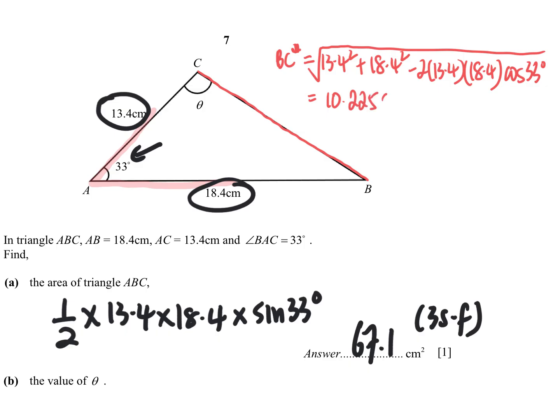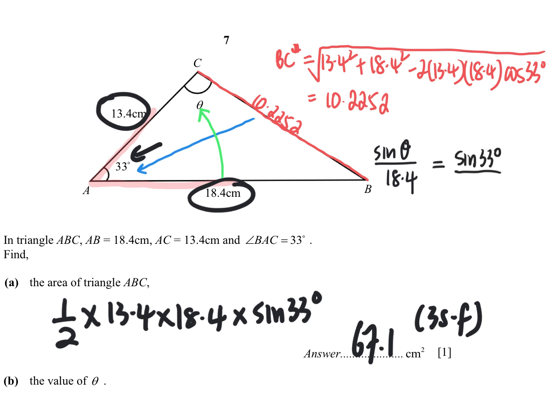Okay, so once you know this length, put it here. Then you are free to use sine rule already. So this is one pair. This is the other pair. So you can write that down. Sine of the angle you want to find over 18.4 is equal to sine 33 degrees over this.